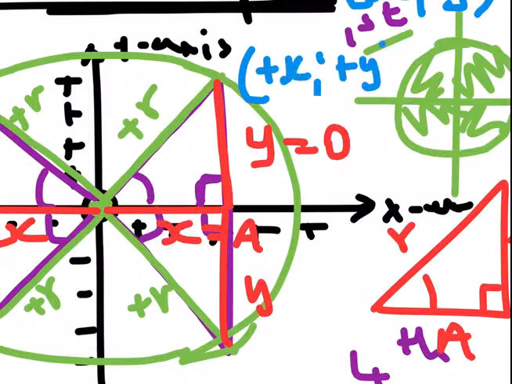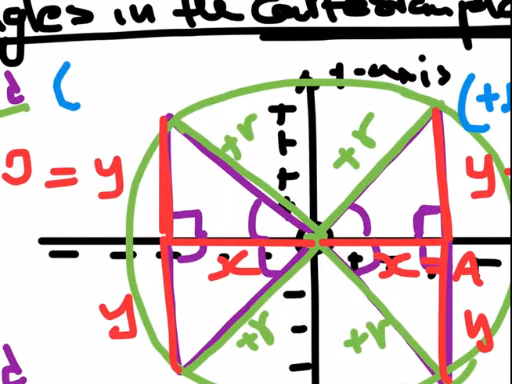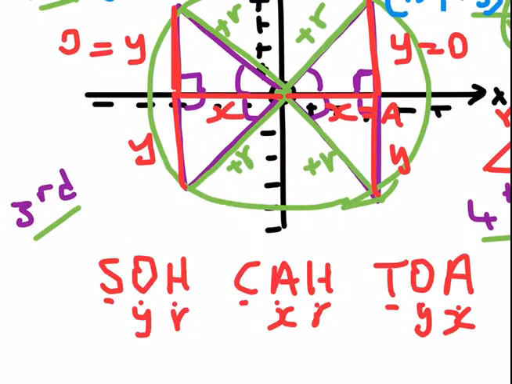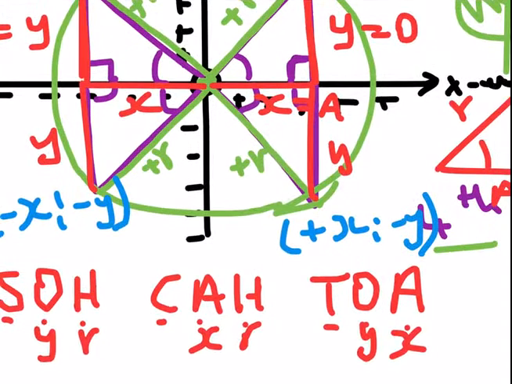Also positive. What about the second quadrant? The x values are negative, and the y values are positive. In the third quadrant, we have negative x values and negative y values. In the fourth quadrant, we have positive x values and negative y values.